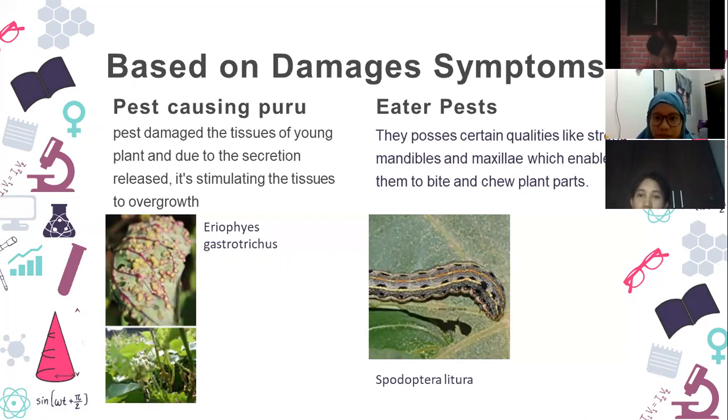The pest damages the tissue of young plants, and due to the secretion, it stimulates the tissue to overgrow. For example, Aeolesthes. The second one is chewing pests. They possess strong mandibles and maxillae, which enable them to bite and chew plant parts. For example, Spodoptera litura.